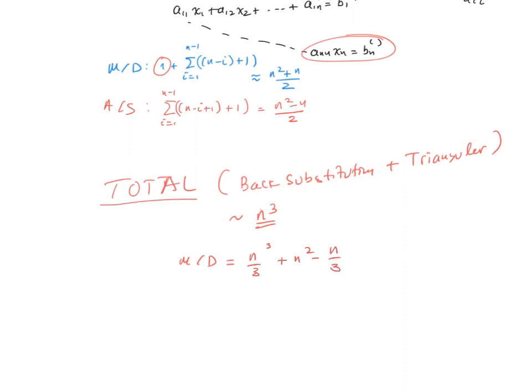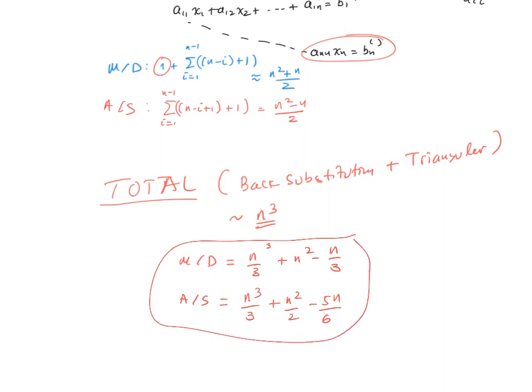And for the addition and subtraction, the actual total is going to be n cubed over 3 plus n squared over 2 minus 5n over 6. So you should check this. This is a very good candidate for the next test.